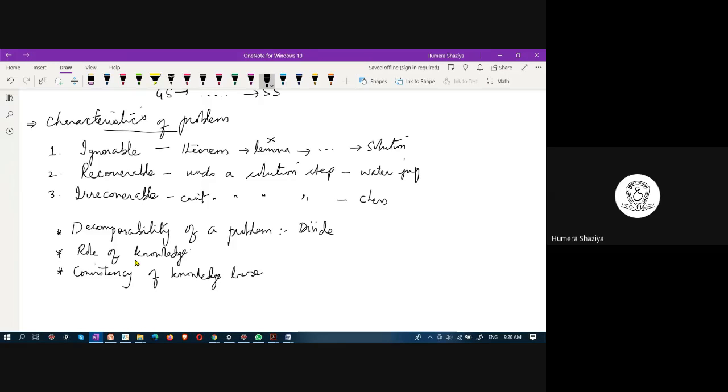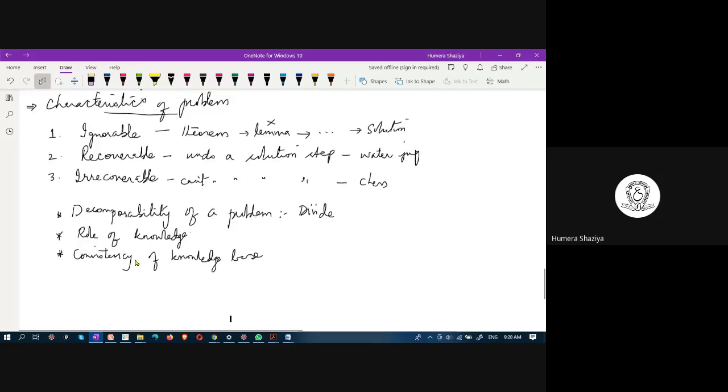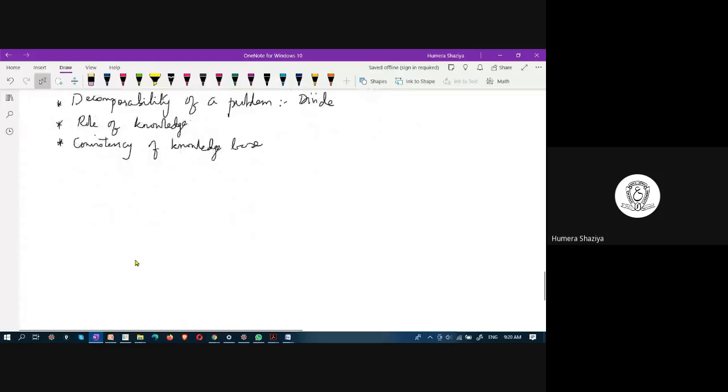For instance, in the missionaries and cannibals problem, we have rules in which we state that cannibals should never outnumber missionaries, otherwise it leads to killing of the missionaries. That is the primary condition in that problem.